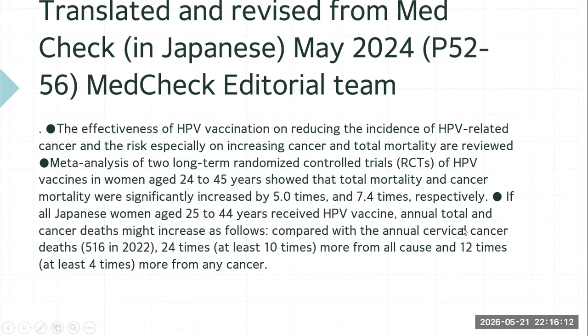Compared with the annual cervical cancer deaths, that is 516 in 2022 in Japan, there will be at least 10 times more from all causes, and at least 4 times more from any cancer, because of the healthy vaccine bias. They have put a lot of focus on the healthy vaccine bias, which is not being noted, or held accountable in all the trials.